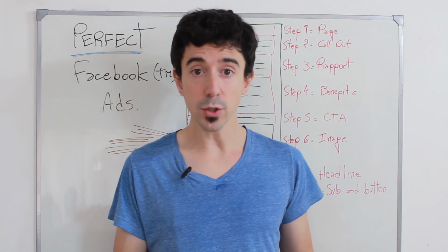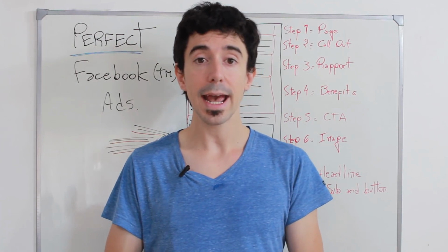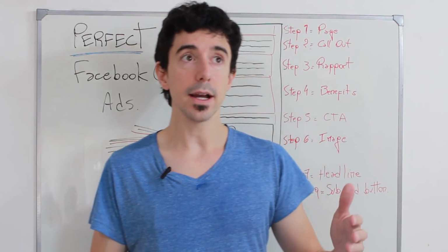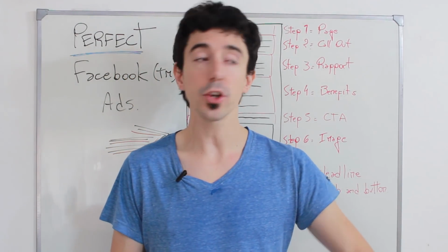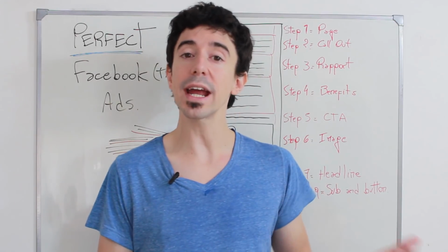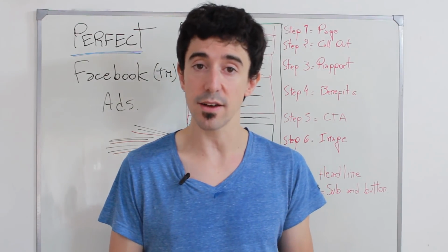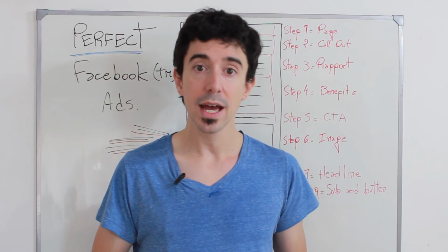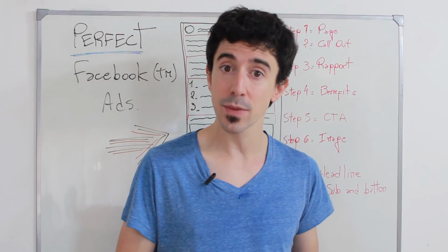A great way of doing this is the feel, felt, found formula, right? And it goes something like this. If I wanted to promote my book, I would say, "I know you feel, or you probably feel, that you're not getting enough clients, that your business is not moving forward fast enough, that you're not growing fast enough. I know how you feel because I felt that in the past.